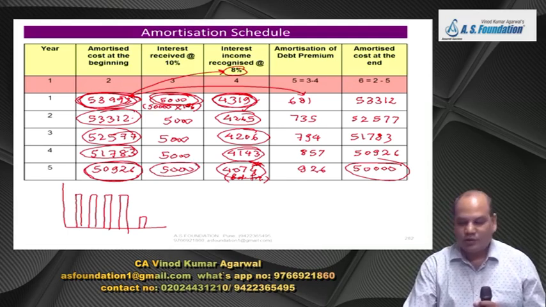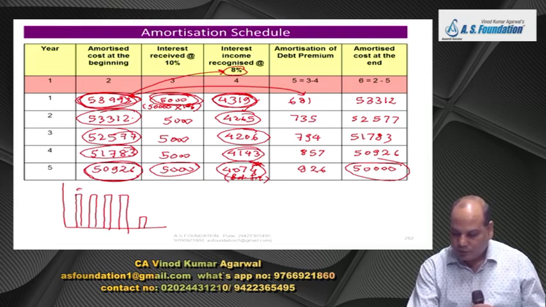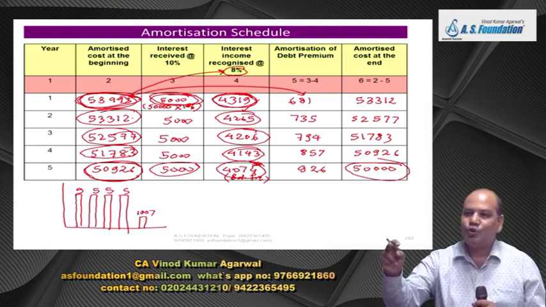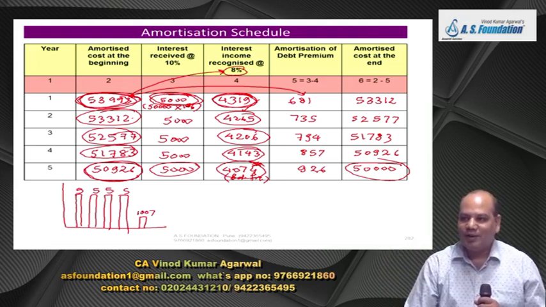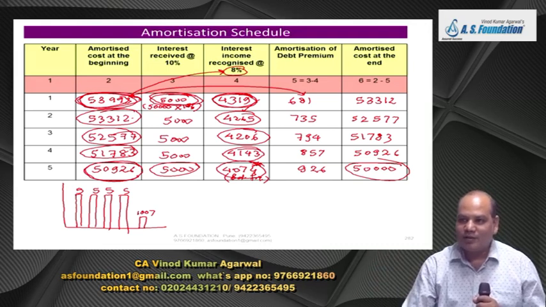So 5,000 minus 3,993 is how much? 1,007. So 5,000, 5,000, 5,000, 5,000 and 1,007. Now what is the need to show such a lower amount of income in the fifth year? Is there any valid reason?